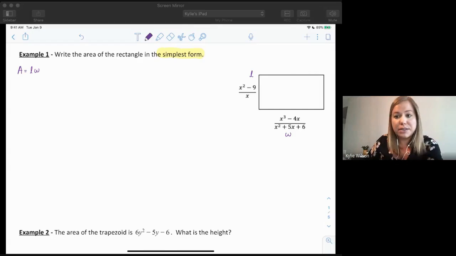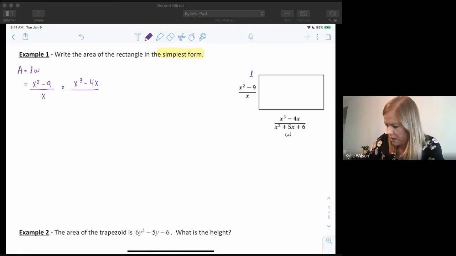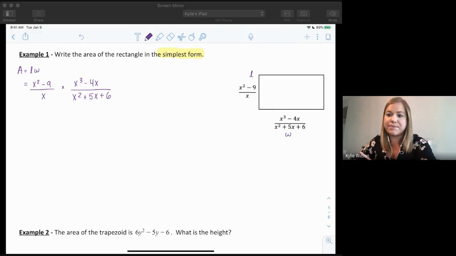So now I'm just going to fill in those values. So my length was x squared minus 9 all over x. And we're multiplying that by x cubed minus 4x all over x squared plus 5x plus 6, like this. And now we're going to do our multiplication rules.